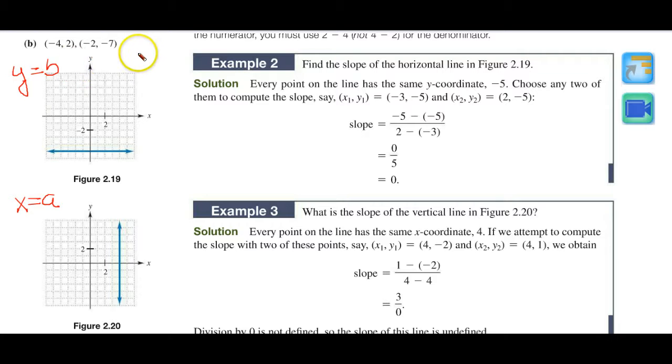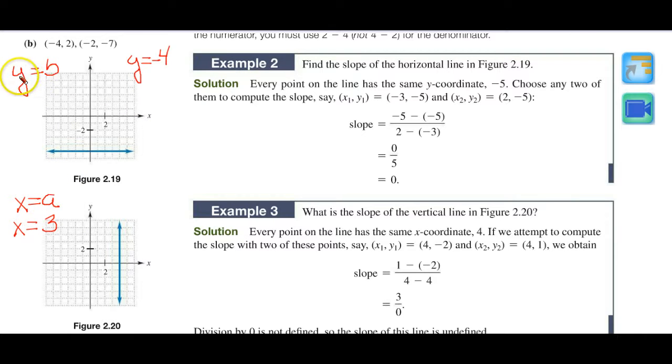So if they give you an equation, y equals negative 4, or this equation x equals 3, these are special equations.